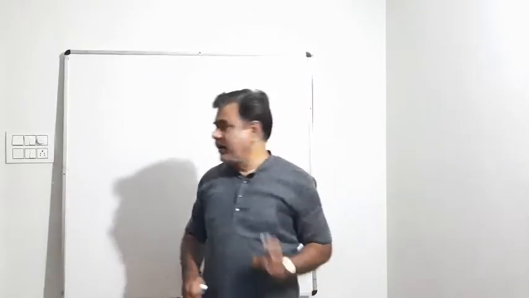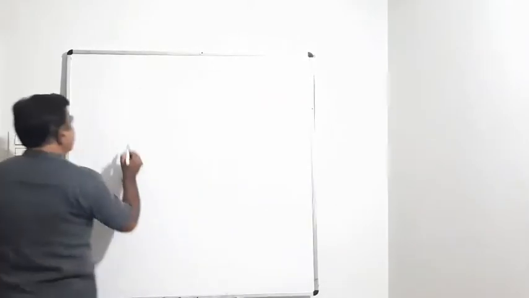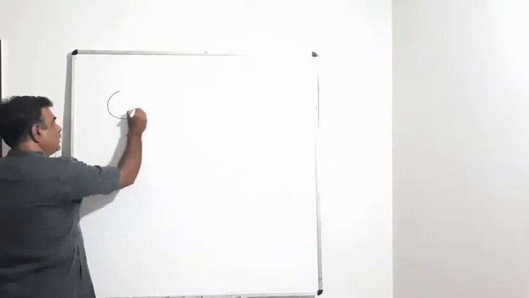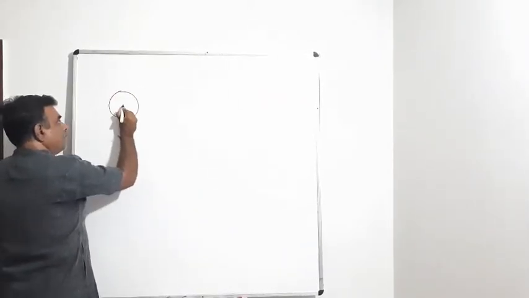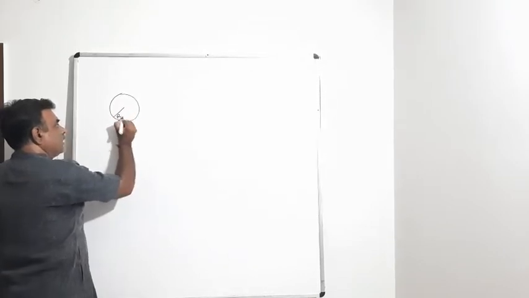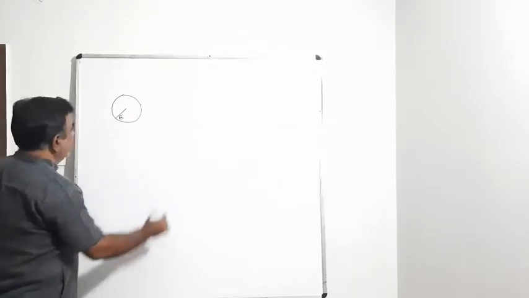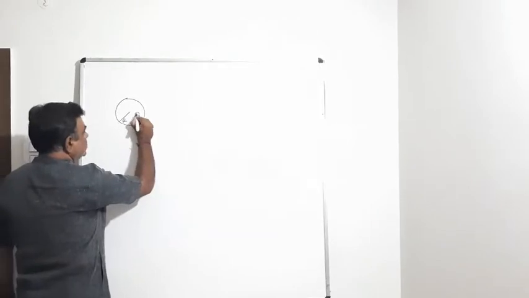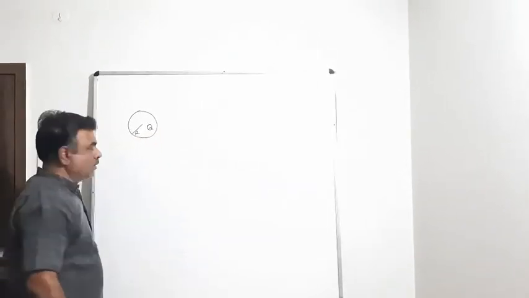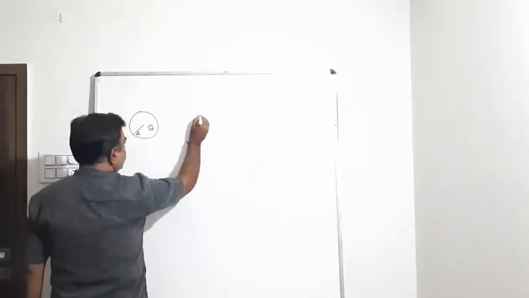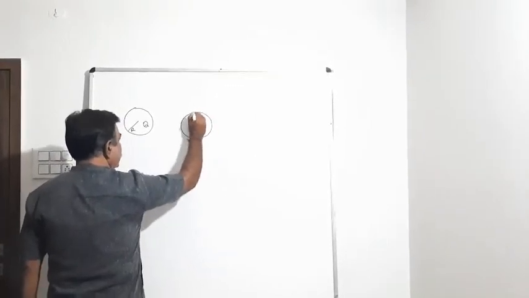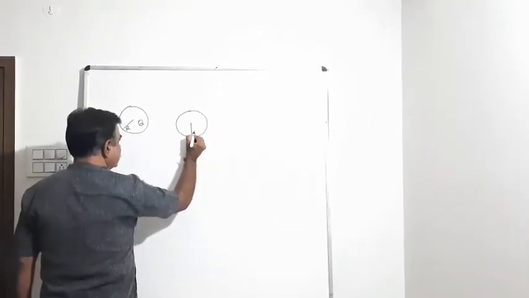For example, if you have one sphere of radius r and the charge on the sphere is q, and another sphere is electrically neutral and also has radius r.